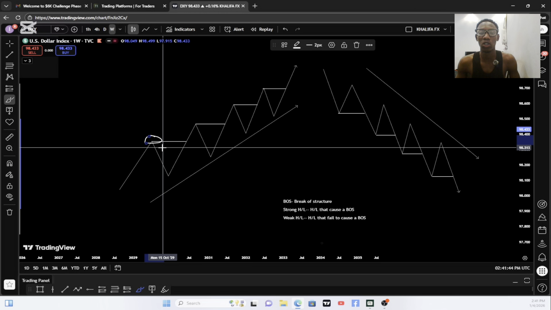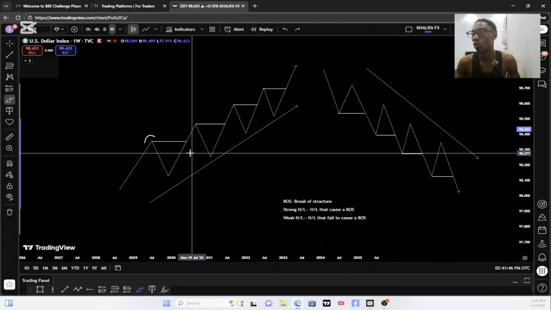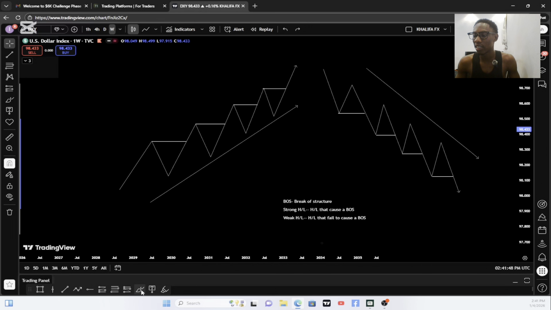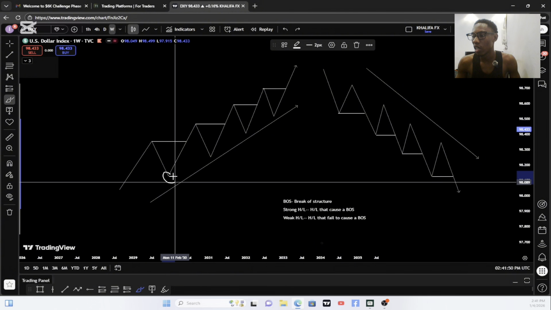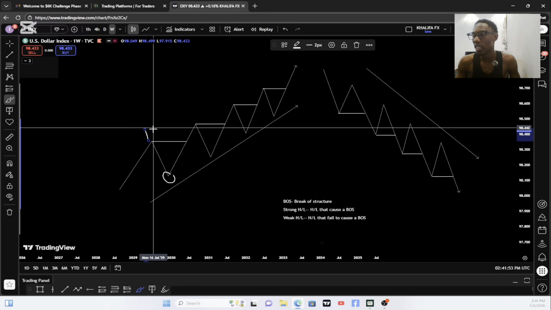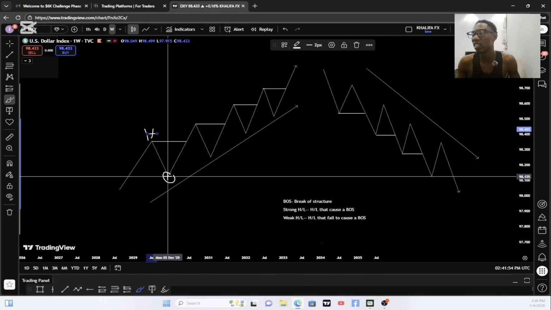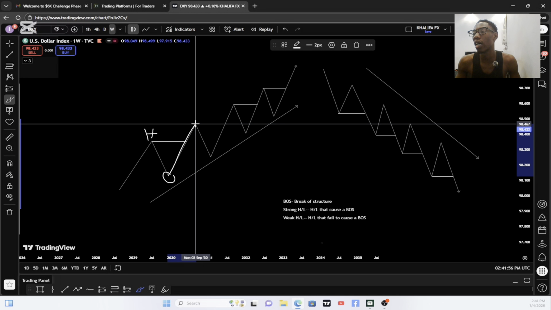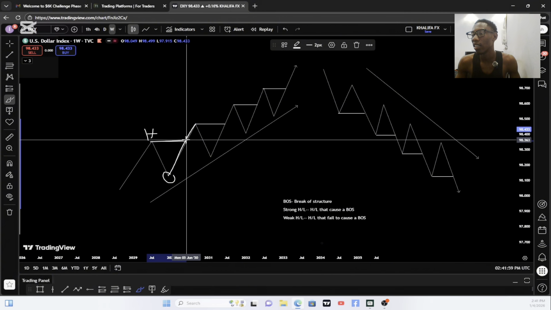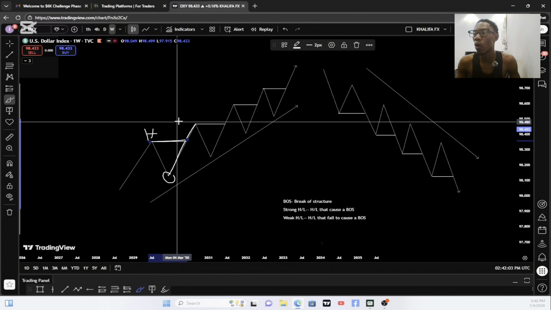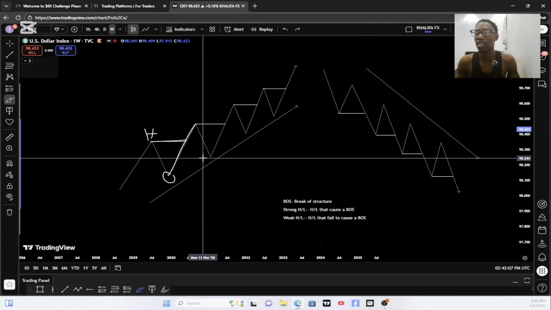For example, price started trading from here, and we all know that this is a high, right? And price traded all the way to the upside, breaking this high. The moment price breaks this high, that's what we call a break of structure. I hope it makes sense, right?